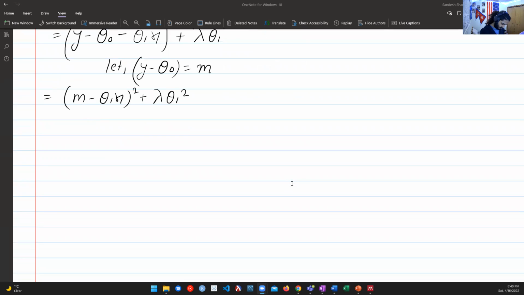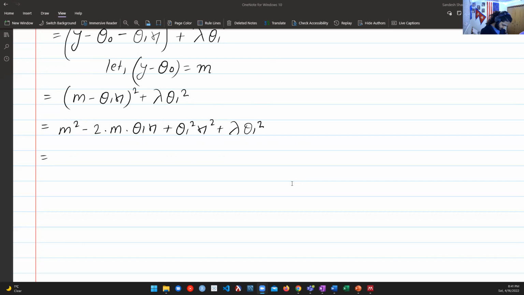I'm going to open that up because it's (a minus b) whole square. It looks like m square minus 2 m theta 1 x plus theta 1 square x square, plus lambda theta 1 whole square, which remains the same.